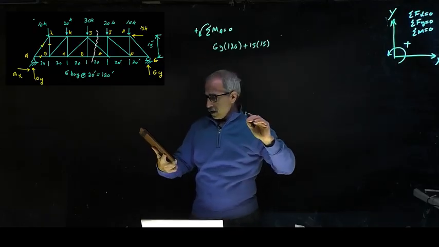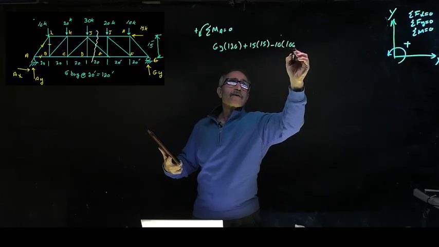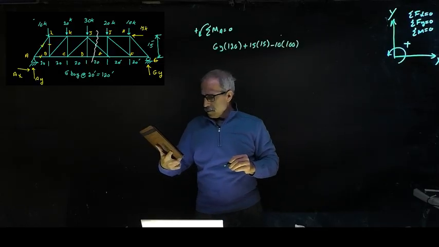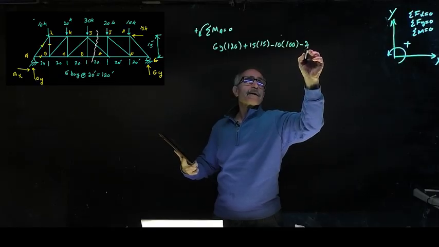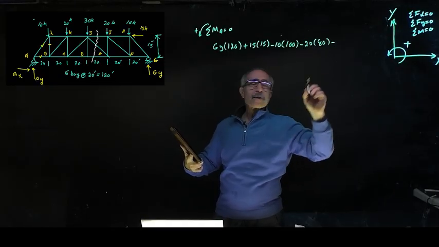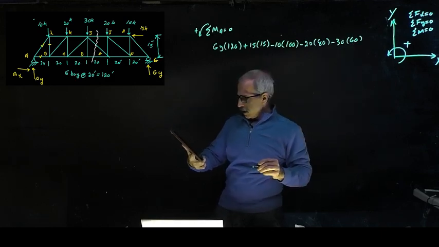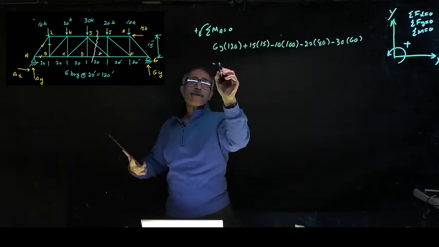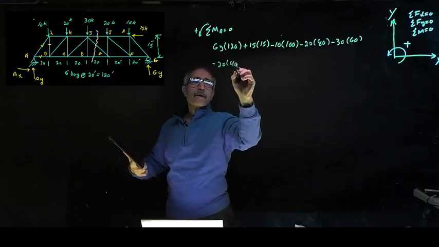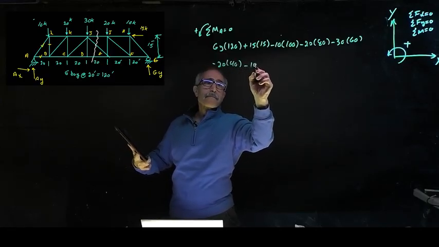So it's going to be minus 10 times 100, and minus 20 times 80, and minus 30 times 60. Continue with that, it'd be minus 20 times 40, and minus 10 times 20.